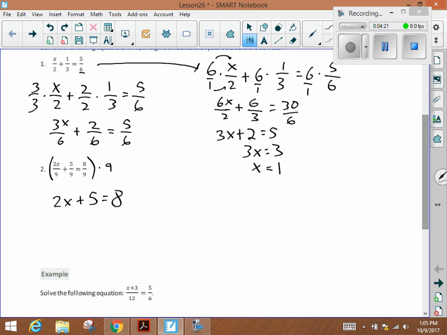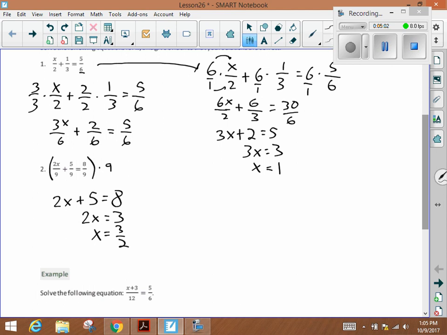It's just that we can write it in a lot fewer steps. Since all of our denominators were the same, we wind up not multiplying our numerators, because if I was to multiply that, I would wind up with 9 over 9 in each of those terms. So then I just subtract 5 from both sides, and I get that 2x is equal to 3. So x is going to be 3 halves.